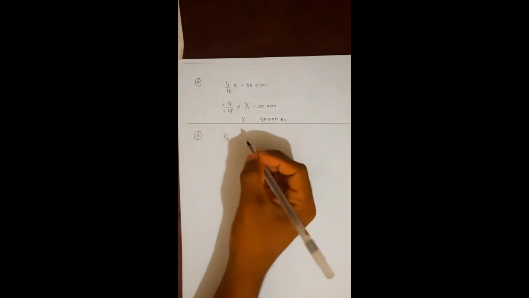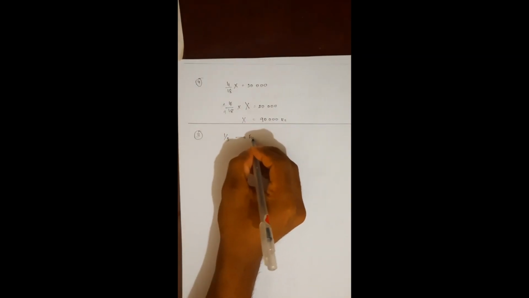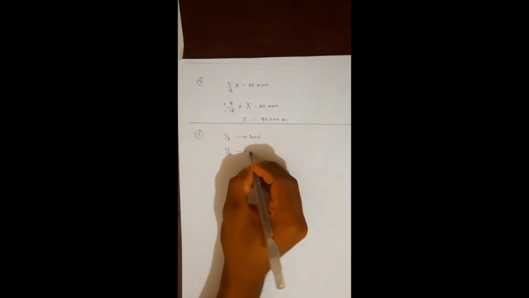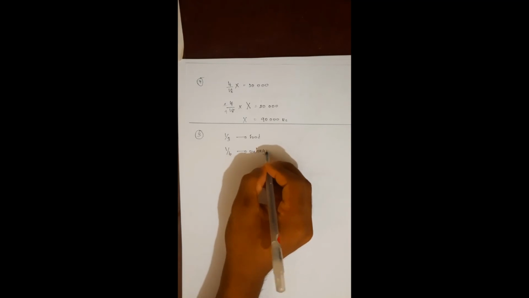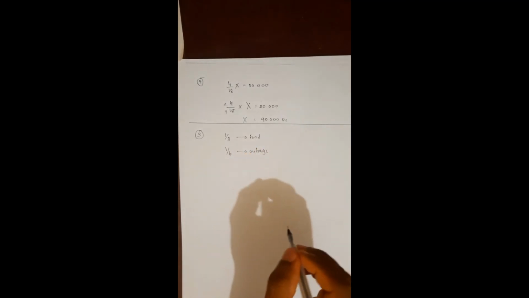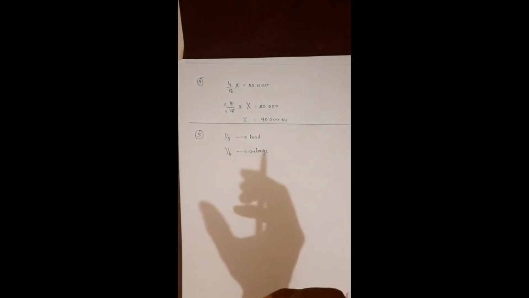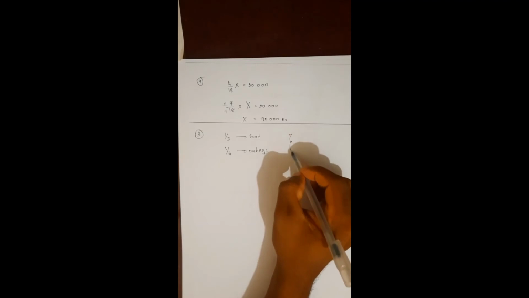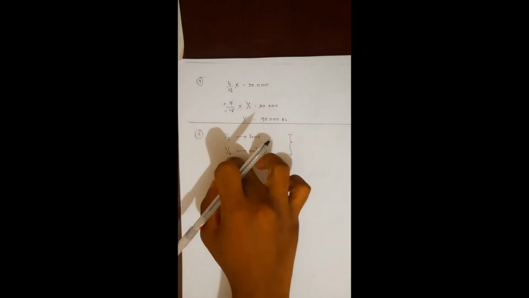Sanat spends 1/3 of his salary for food, and 1/6 of his salary for outings. So he goes outings for 1/6, and 1/5 of the balance amount he spends to buy books. So after spending this, there should be a balance.